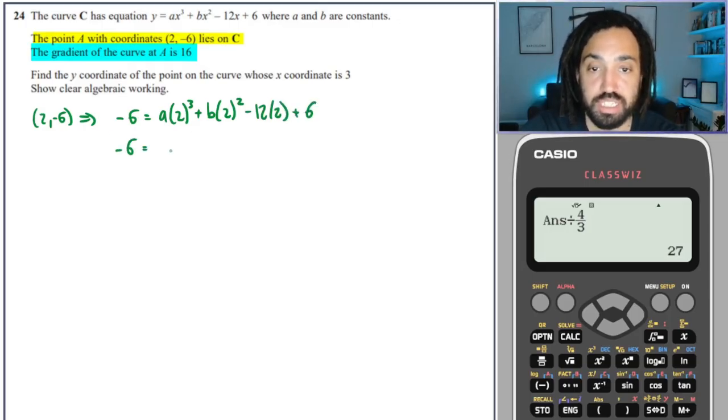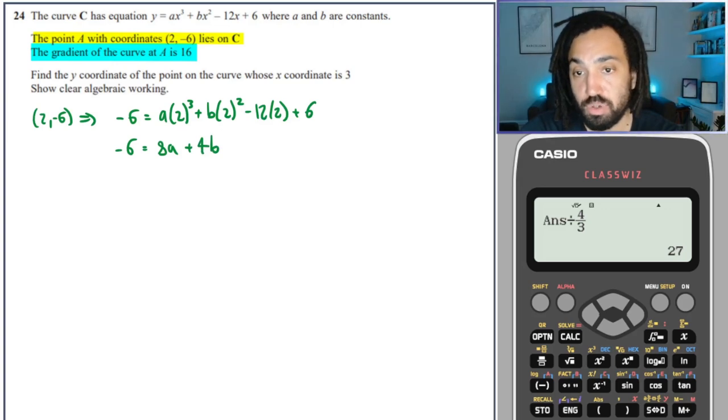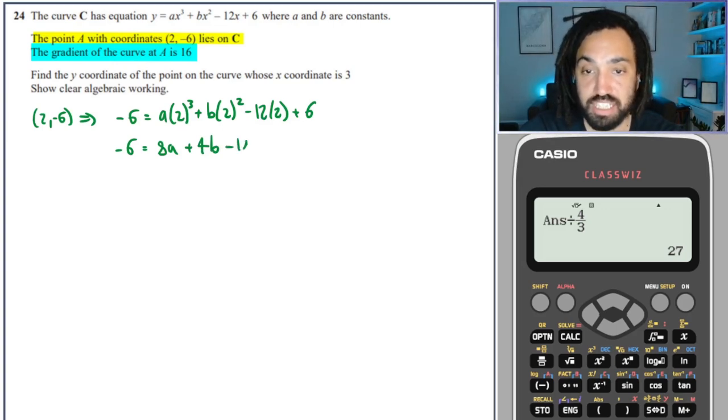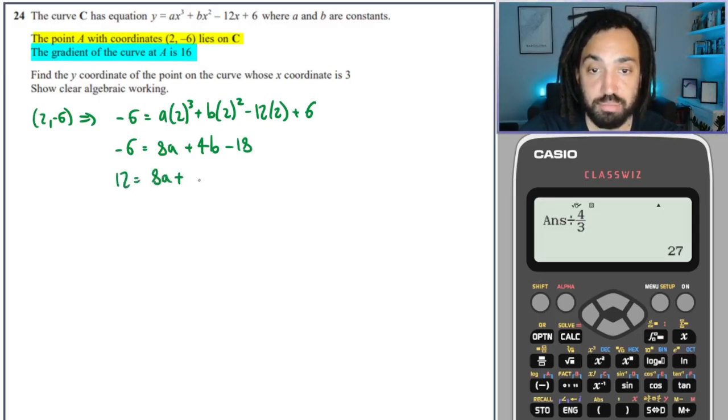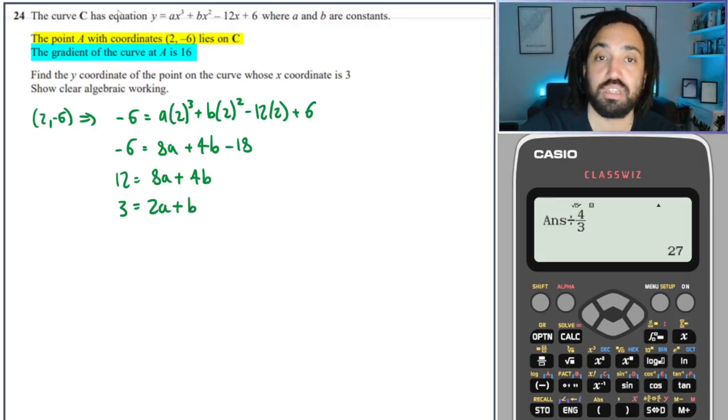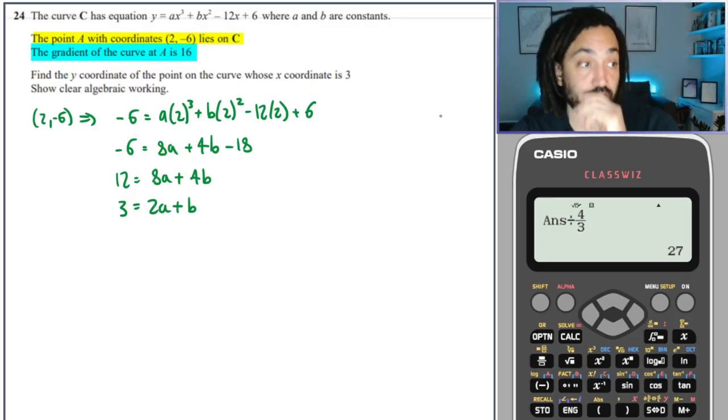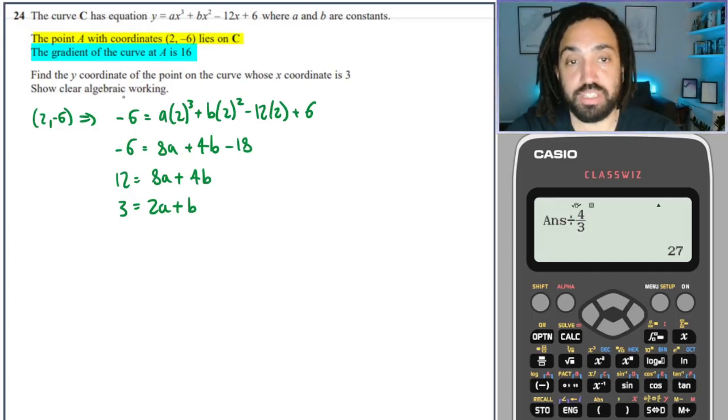So this is minus 6 is equal to 8a plus 4b minus 24 plus 6 is minus 18. Add the 18 to both sides, gives me 12 is equal to 8a plus 4b. Divide the whole equation by 4 just to simplify it, and we get this. Brilliant. Obviously we can't solve that yet, we need another bit of information, but that is all good.